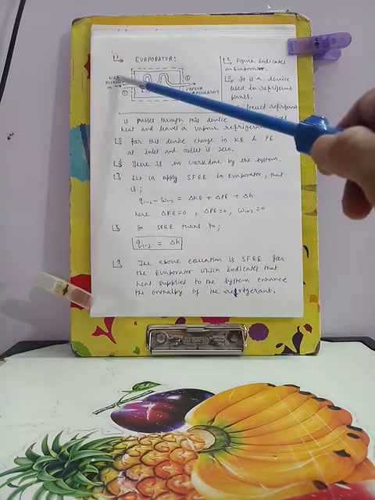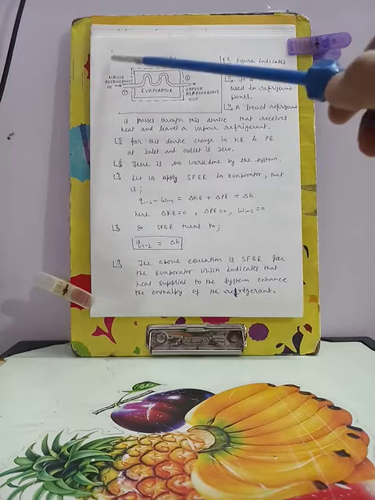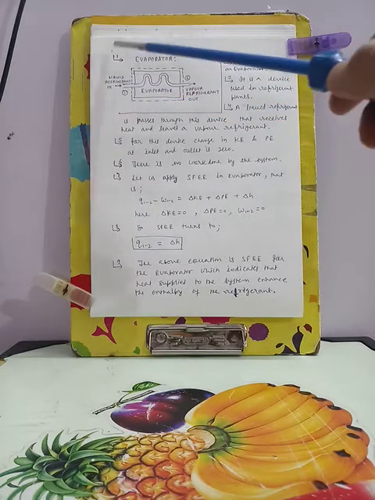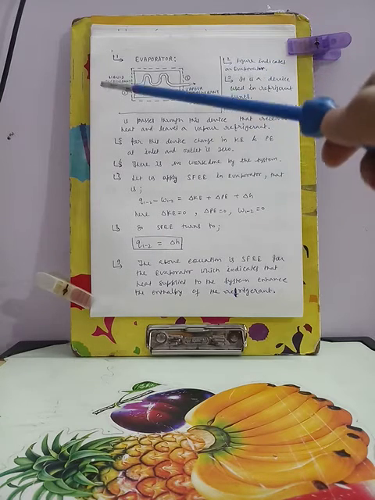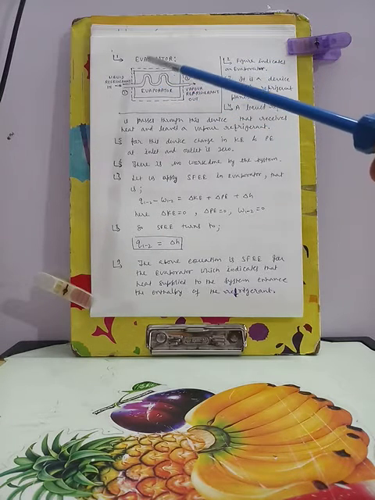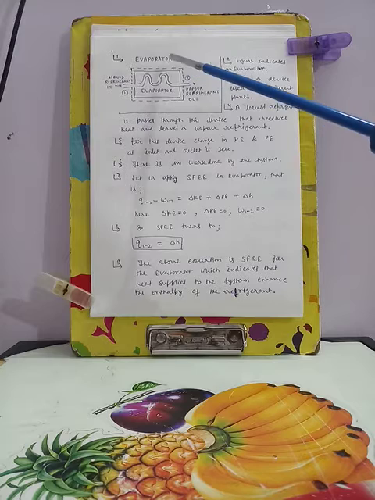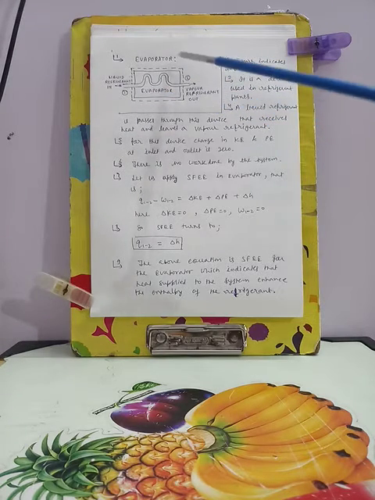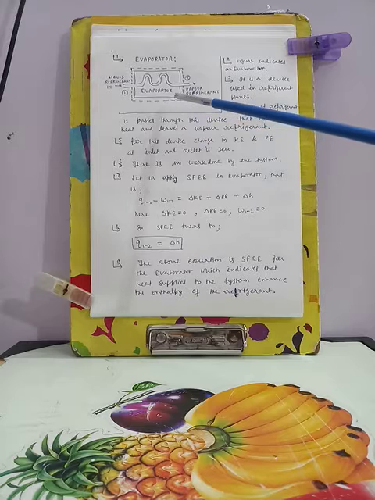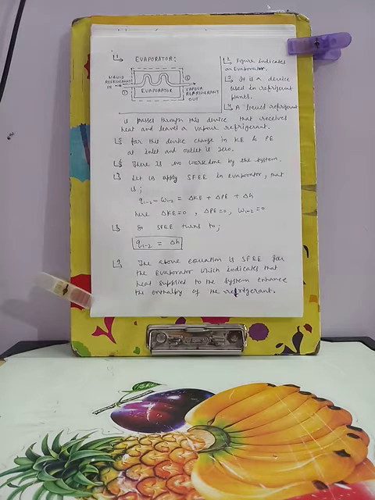This is the evaporator. This evaporator is used in refrigerant plants. Not necessarily in a refrigerant plant, wherever refrigeration is necessary, like in our AC. In our domestic refrigerator, an evaporator is used.